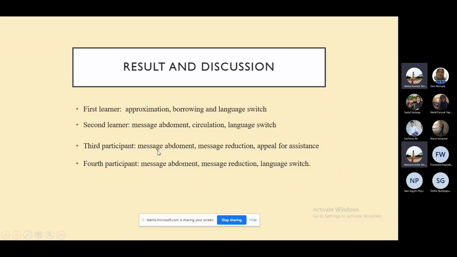The third participant used two strategies from avoidance strategies, and the last one from achievement strategies. For participant four, message abandonment and message reduction are from avoidance strategies, and language switch from achievement strategies. So from this, I can say that my first and second learners try to reach the goal of our conversation, without avoiding it or changing the goal. But the third and fourth ones are the opposite. They avoid or try to change the goal of our discussion.